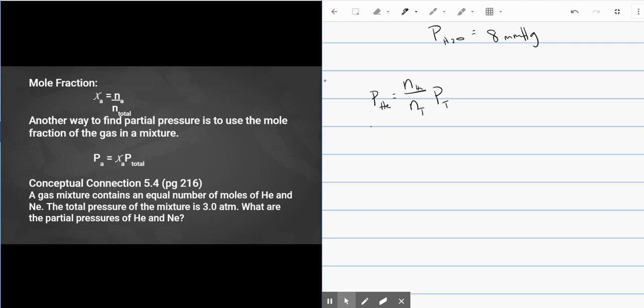And the pressure of neon is the moles of neon over the total moles times the total pressure.